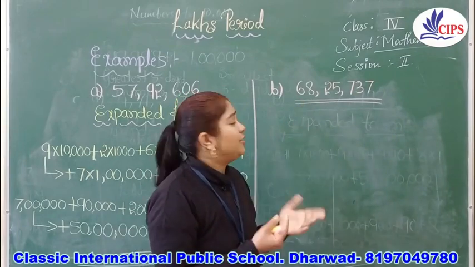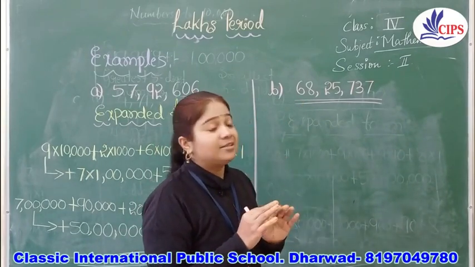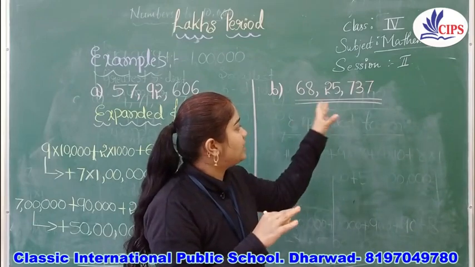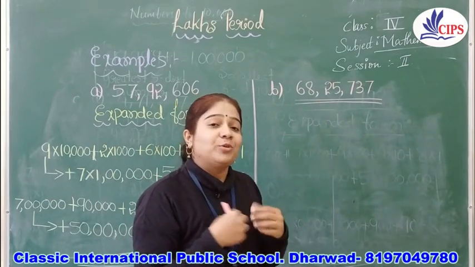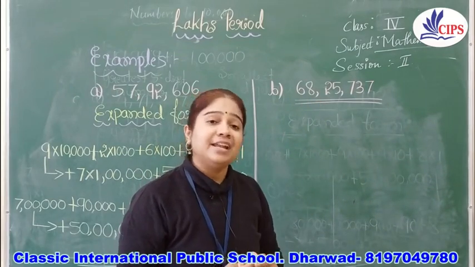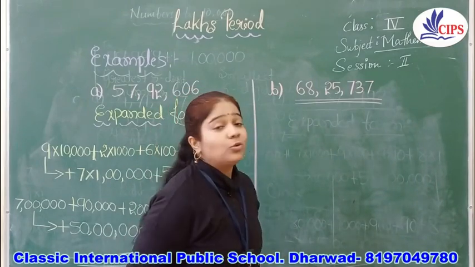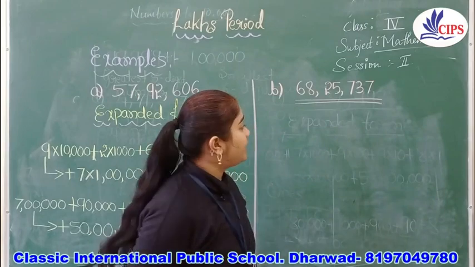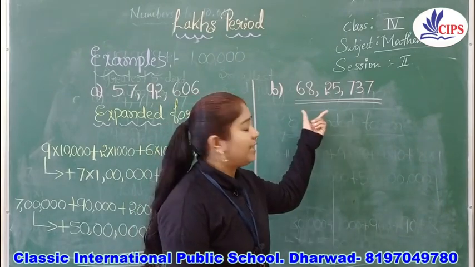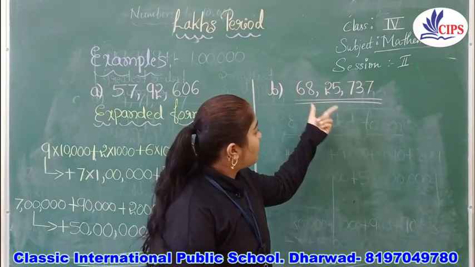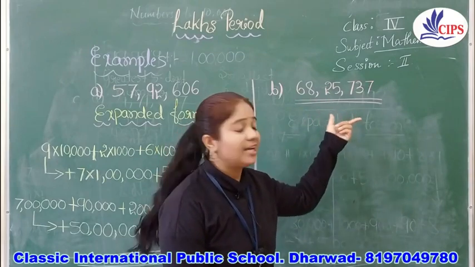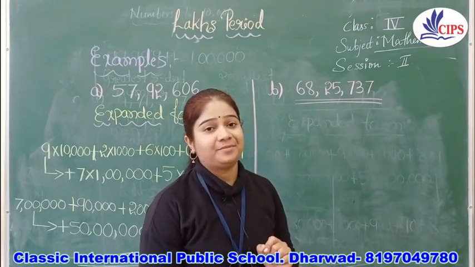Okay. Now, once you have got the place values of these digits in a number, you can easily read that number. Okay. Now, it is very easy. Just try to read this. Yes, just try it. 68 lakhs 25,737.